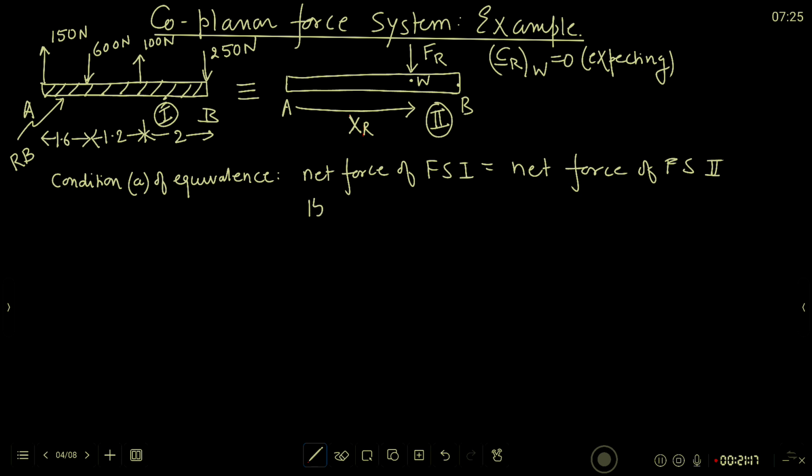Let's take this as I, take this as J. We have 150J minus 600J plus 100J plus 50J should be equal to minus FR J.